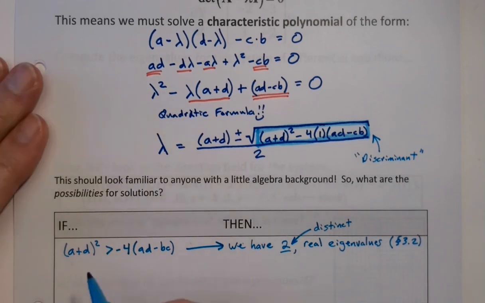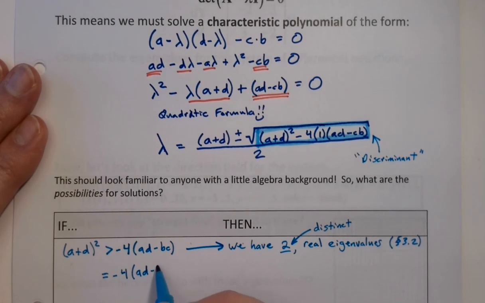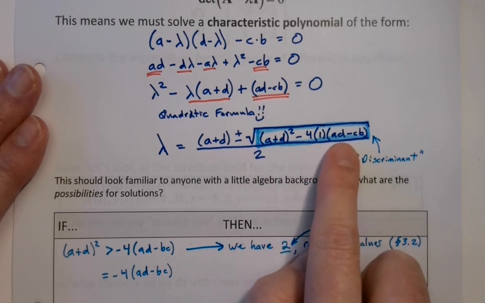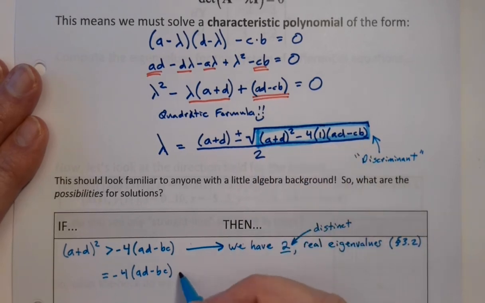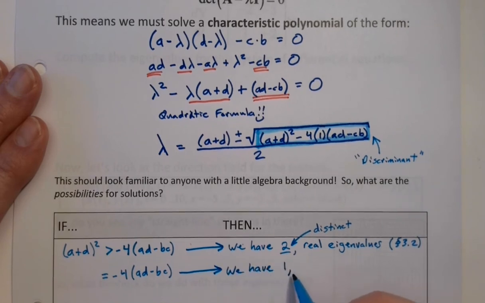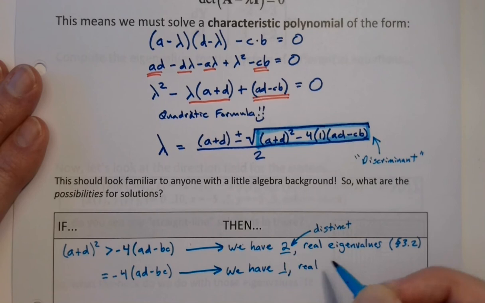The other possibility is if a plus d squared is exactly equal to -4 times a d minus b c. And if those two things are equal to each other, then you'd have one thing minus the exact same amount. That's going to produce exactly 1 real eigenvalue.